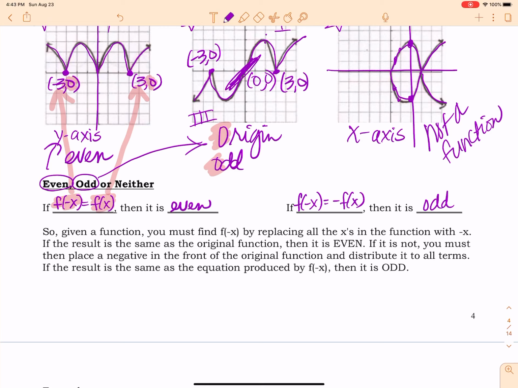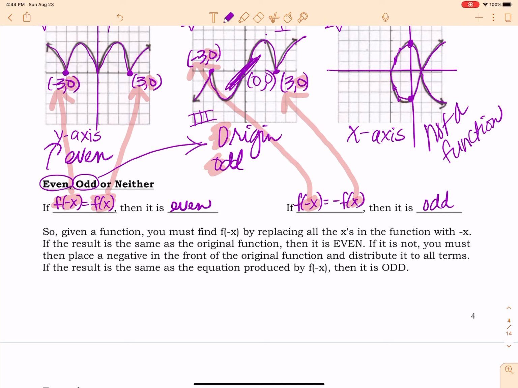All right, so again, this is a positive x right there. This is the negative x right there. Well, is f of negative x equal to negative f of x? Yes, because 0 can't be negative. You with me? Okay, so let's try it on another one.